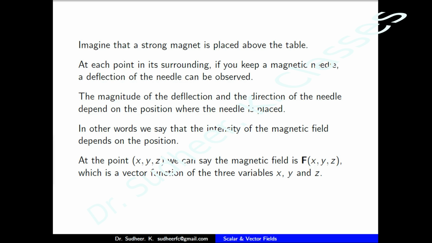In other words, we say that the intensity of the magnetic field depends on the position. At the point (x, y, z), we can say the magnetic field is f(x, y, z), which is a vector function of the three variables x, y, and z.